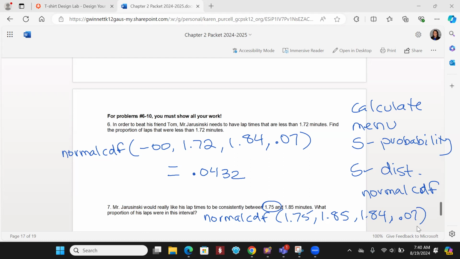Look at yours. All right, try that really quick. Make sure that you get the same answer. The upper bound is 1.85. They want us in between those two numbers.